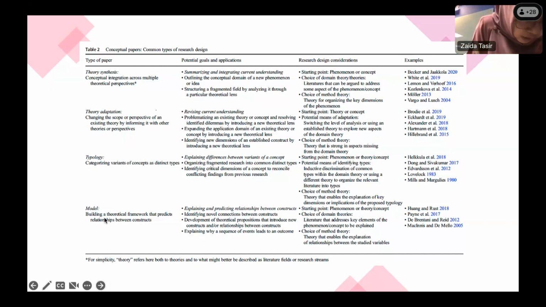But most of us, as PhD students, are doing number four. When you produce your theoretical and conceptual framework, you are doing concept paper number four, which focuses on a model, where you are building a theoretical framework.